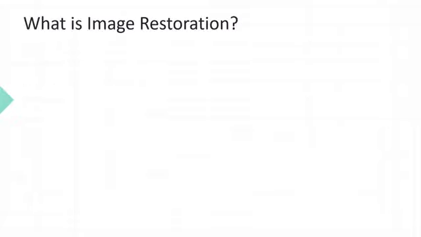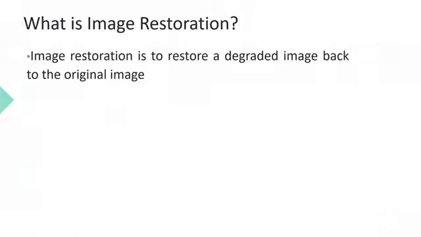Now coming to stage 3 of digital image processing, referred to as image restoration. It is one of the most application-oriented stages. What is image restoration? Very first thing, it is used to restore a degraded image back to the original image.